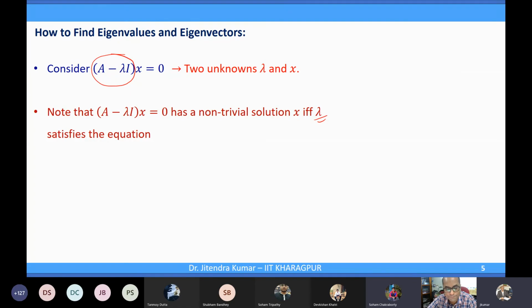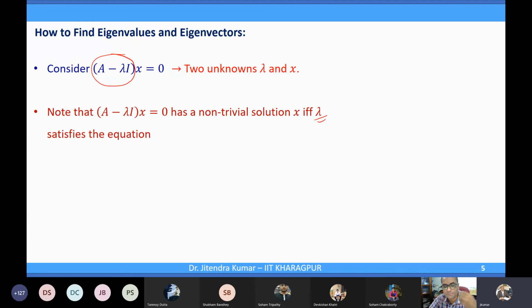The rank should be less than n. Yes, in other words, in a more simplified form, the determinant should be 0. Because if the determinant is not 0, you will get only the trivial solution, right? Yes, sir.